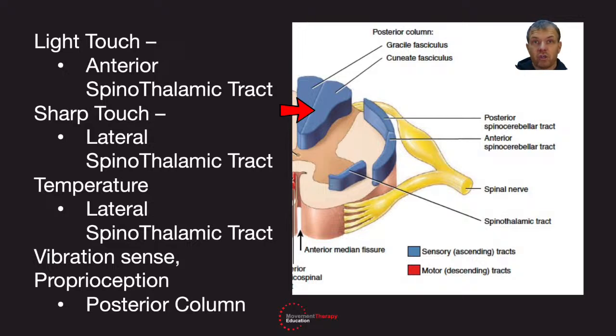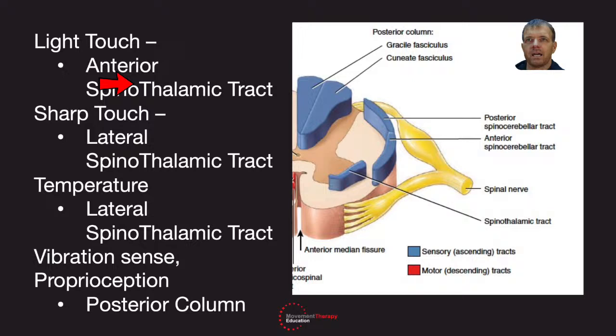So that could be a problem with the posterior column, but it may also be nerve damage, especially in the toes and the hands at the site of where you're testing. So again, we don't know whether it's coming from the cord or the elevators going up to the brain, or whether it's local. We just know that there's a problem.